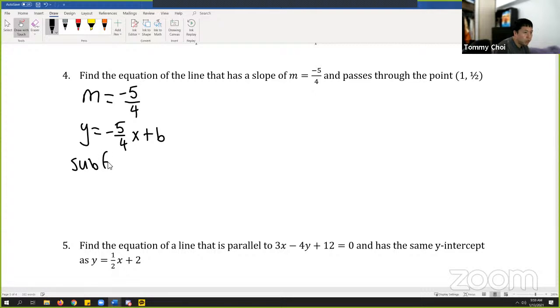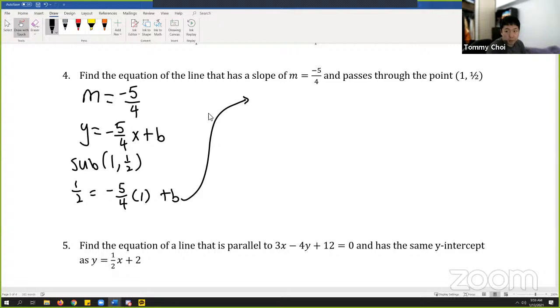Let me rewrite that. We are going to sub in (1, 1/2). In doing so, we're going to get 1/2 is equal to negative 5/4 times 1 plus b. Well, multiplying by 1 doesn't change anything, so we're going to get 1/2 is equal to negative 5/4 plus b.